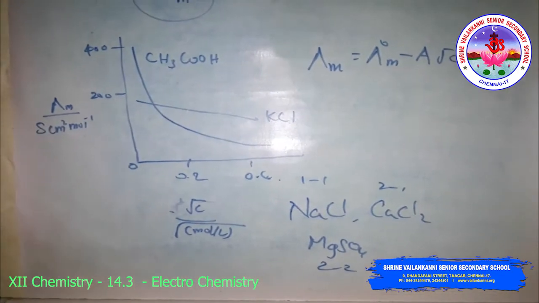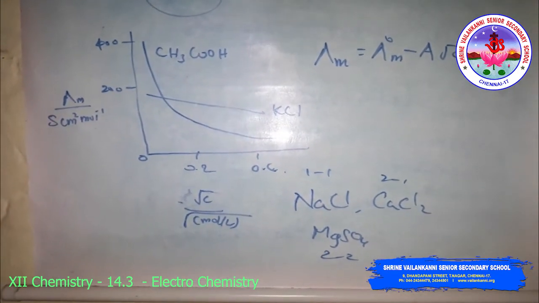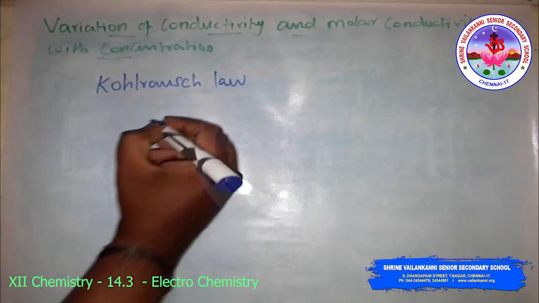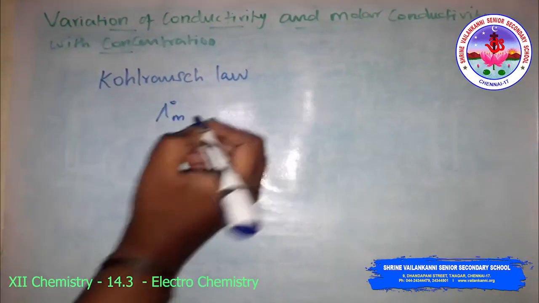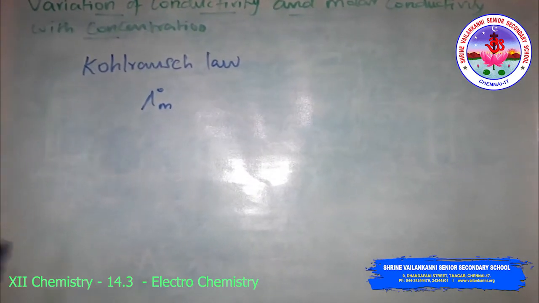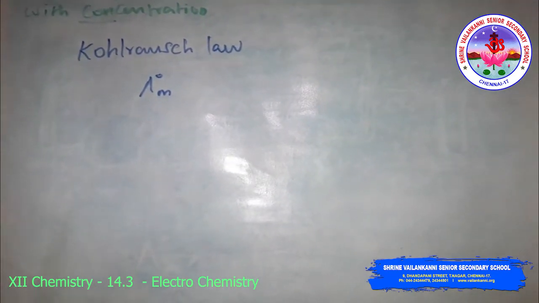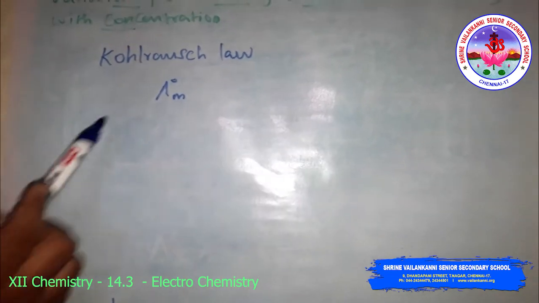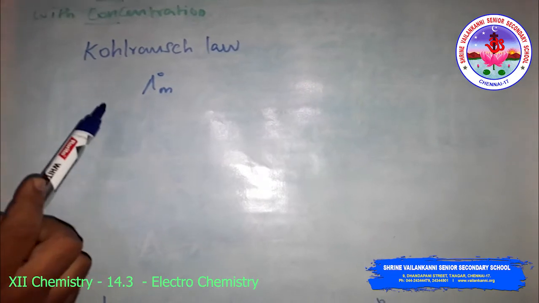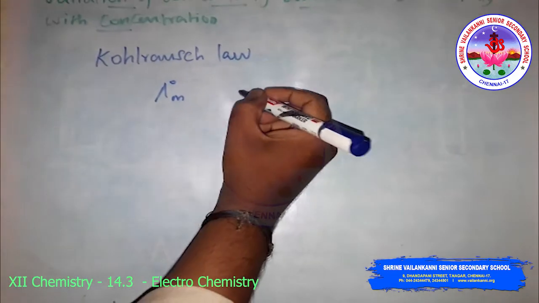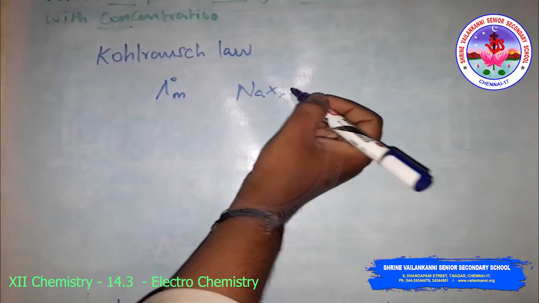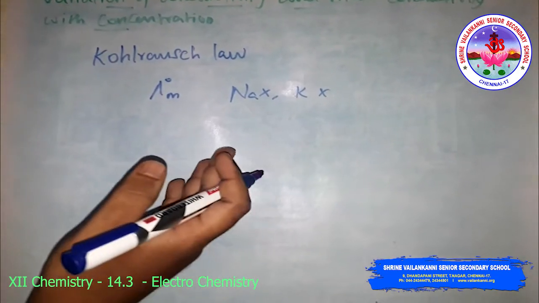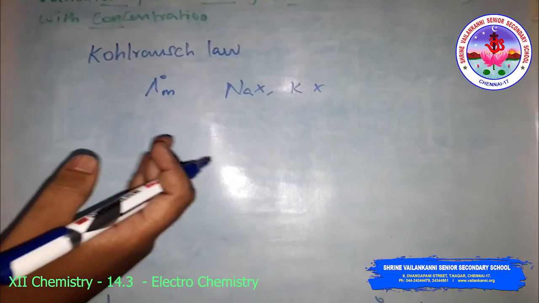Then the Kohlrausch law. Kohlrausch examined the limiting molar conductivity values for a number of strong electrolytes and observed certain regularities. He noted that the difference in the limiting molar conductivity of electrolytes such as sodium halides and potassium halides is nearly constant for any halide.